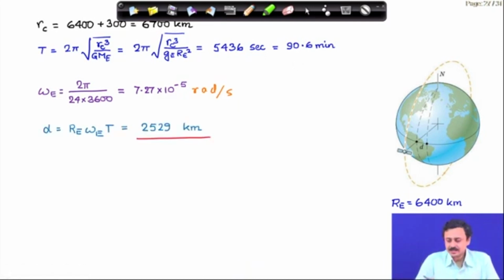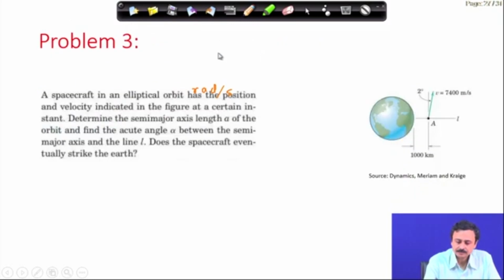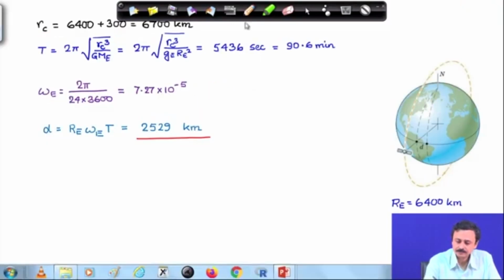Now, the distance will be in these many seconds. Therefore, how many radians has the Earth moved, because the satellite will come back to the same point after 5436 seconds.